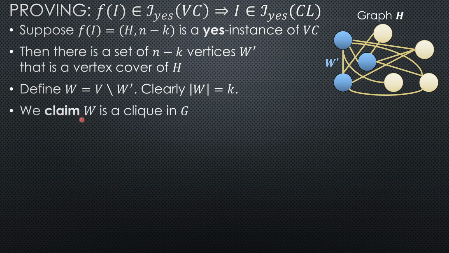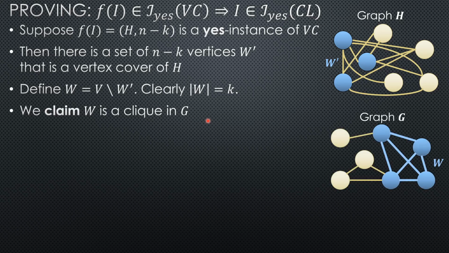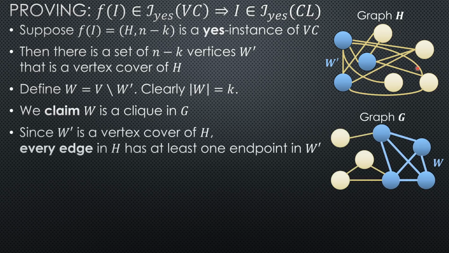Our claim here is that W is actually going to be a clique in G, the original graph. Certainly the picture shows us why that's true. You can see this as the reverse of the case we proved on the previous slide. But, of course, we're not proving this just for this example graph. We're proving this for all graphs. Since W prime is a vertex cover of H, every edge in H touches a vertex in the vertex cover.